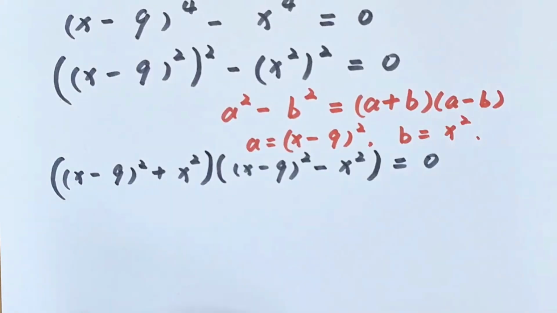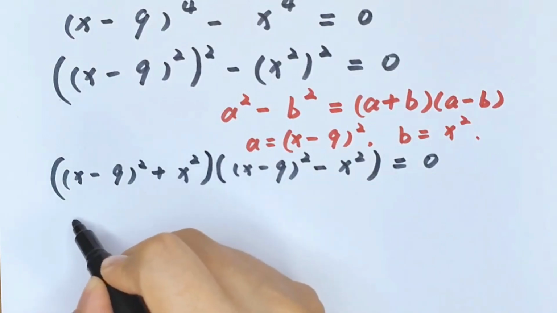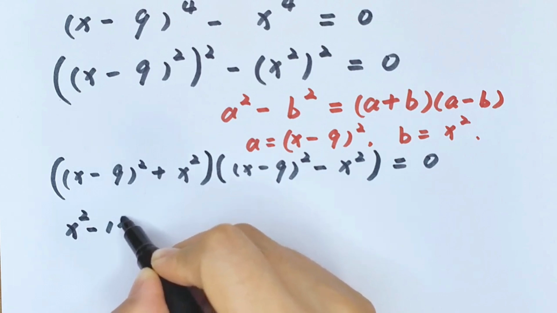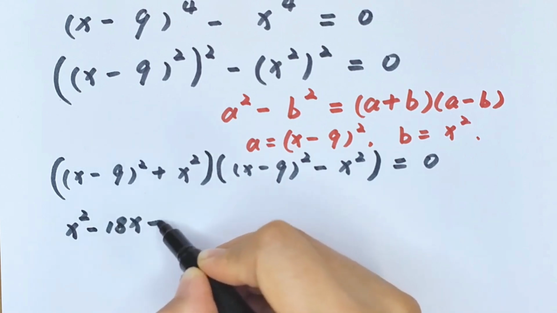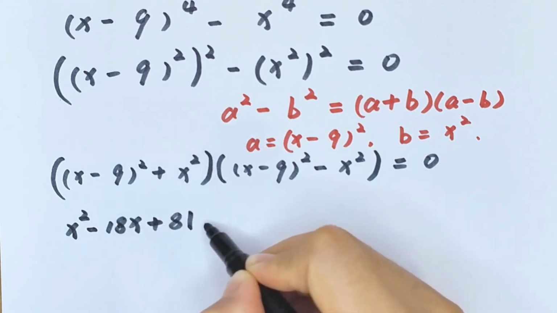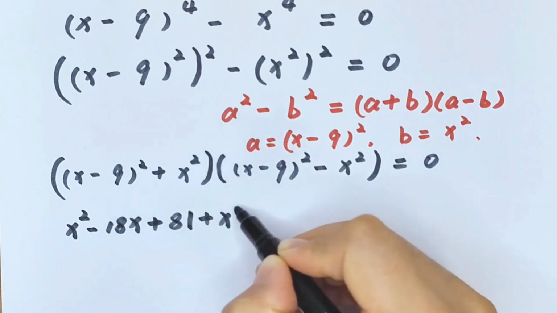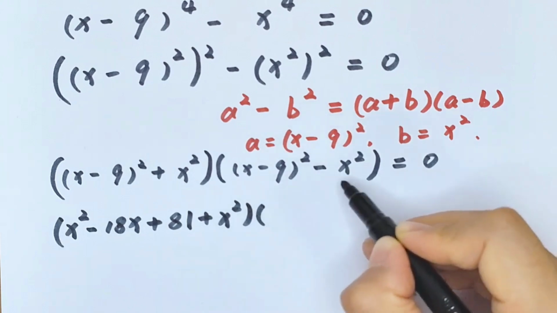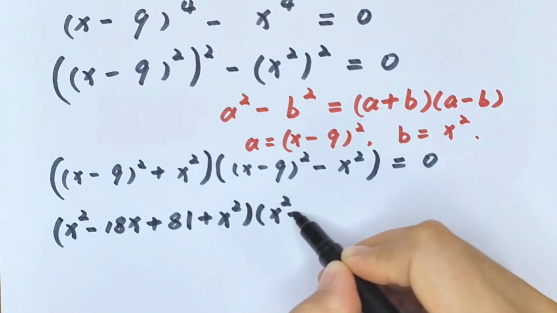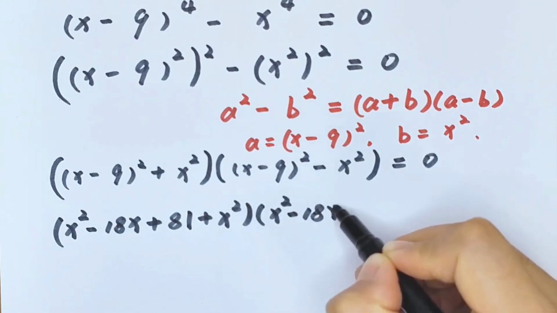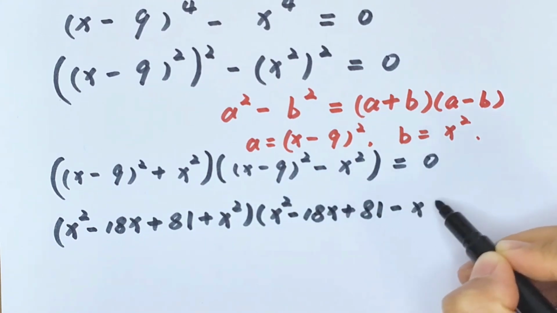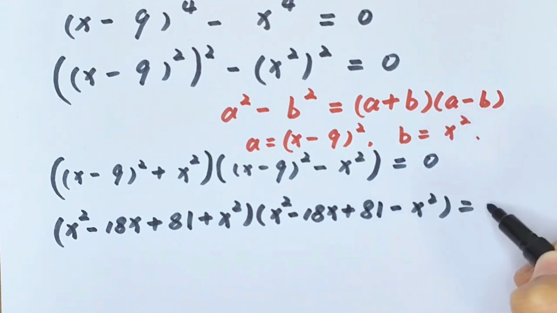Now we open the bracket, so (x squared minus 18x plus 81, then plus x squared) times (x squared minus 18x plus 81 minus x squared) equals 0.